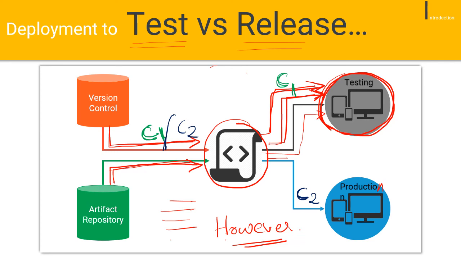And why do we use different configurations for production and for testing? The answer is very simple. Because when testing, our goal is to find out how good our system is or how well our system is performing, if there are any bugs or any issues.